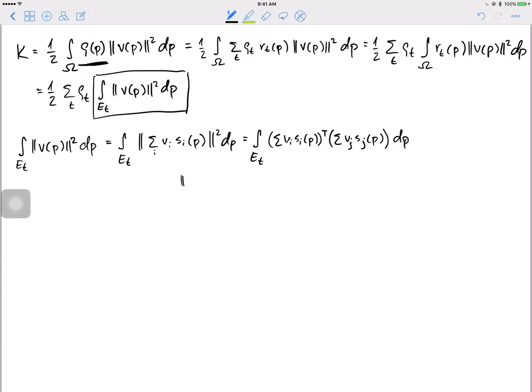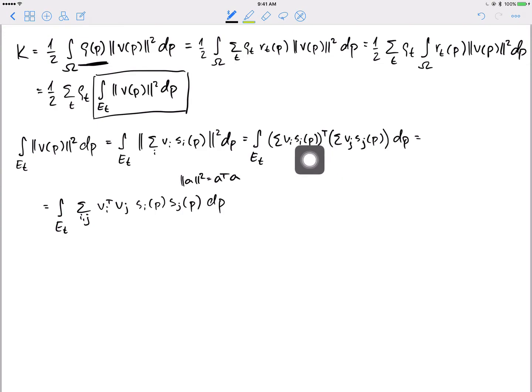Right here I didn't use anything but that A squared is A transpose A. I'm just taking baby steps. I probably don't have to, I could probably do that faster, but just to make sure. So this thing is nothing but the sum over i and j. And what do I have here? I have Vi transpose Vj, Si p Sj p dp. Okay.